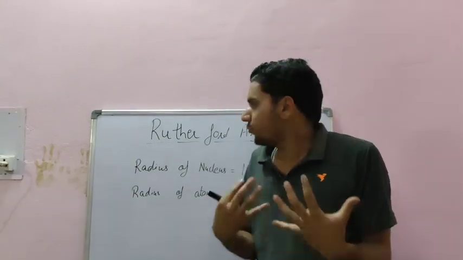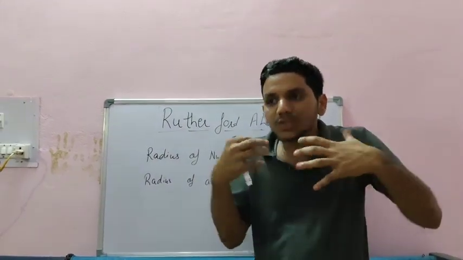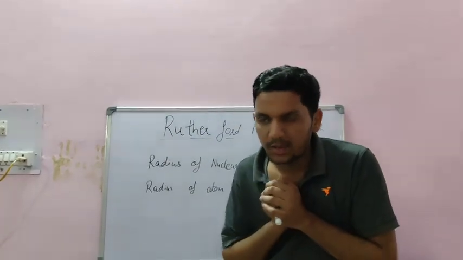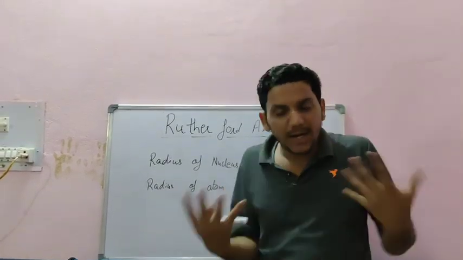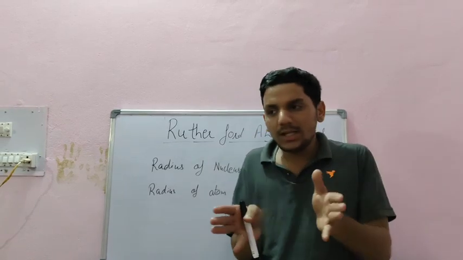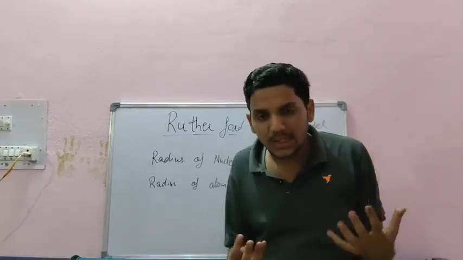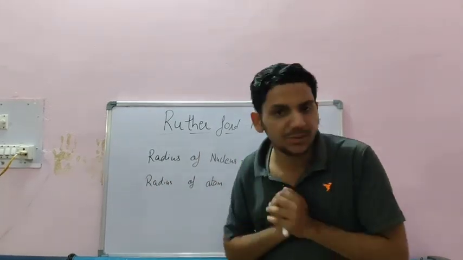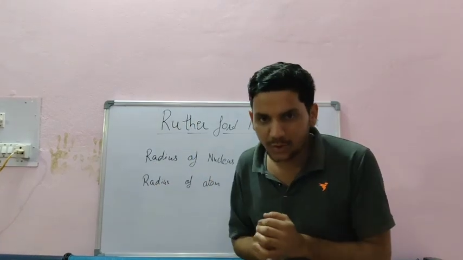In the Rutherford atomic model, the nucleus is surrounded by negatively charged species, and you know that negatively charged species are electrons. In general, the number of positive charges in the nucleus is equal to the negative charge, meaning the number of protons is equal to the number of electrons.